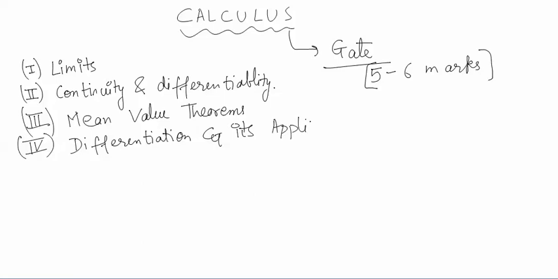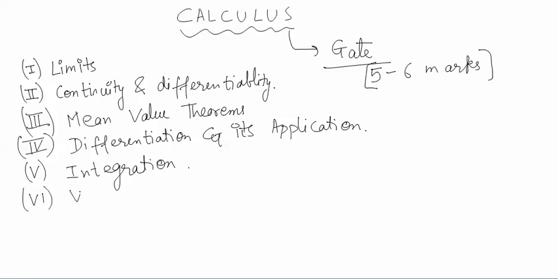We'll talk about maxima and minima. We'll talk about forming the equation of a normal and a tangent. Then we'll talk about integrations or definite integrations, examples of it and all those types of stuff.